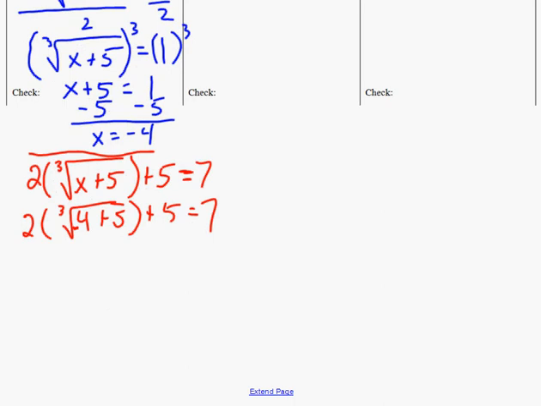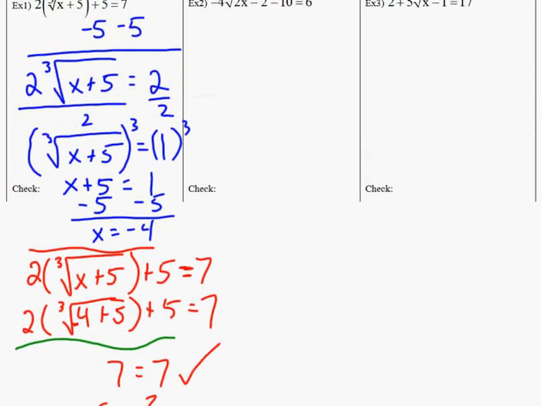So we can see here that if we put this whole side into our calculator, we are going to end up with 7 equals 7, and this is going to check out. So x equals -4 is going to be the true solution here.